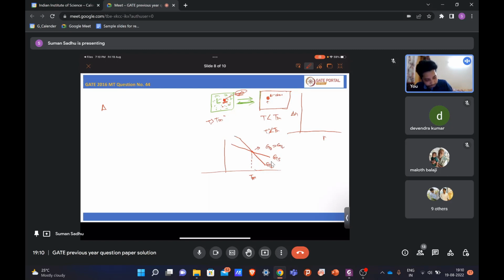But we are doing the solidification at a lower temperature T, that is 100 Kelvin below. So this gap is 100 Kelvin. So this delta G is the driving force for the solidification.